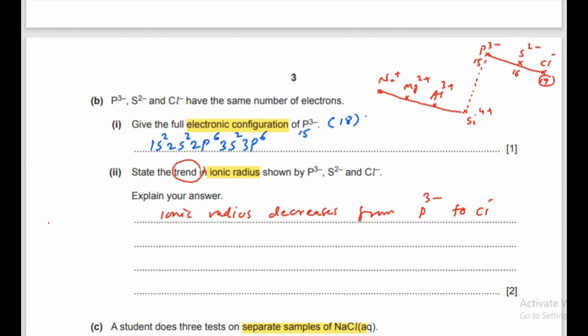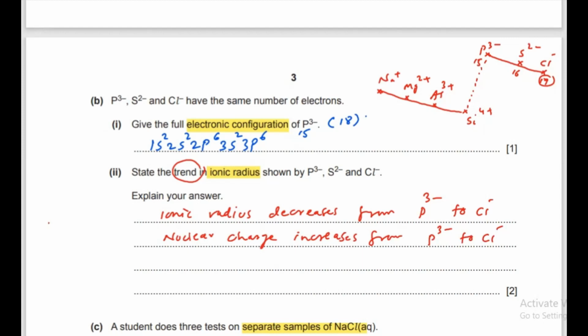The nuclear charge increases from left to right. Nuclear charge is the number of protons present in the nucleus of an atom. So nuclear charge increases from P3 negative to Cl negative.